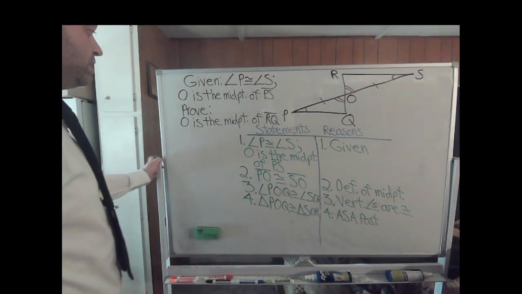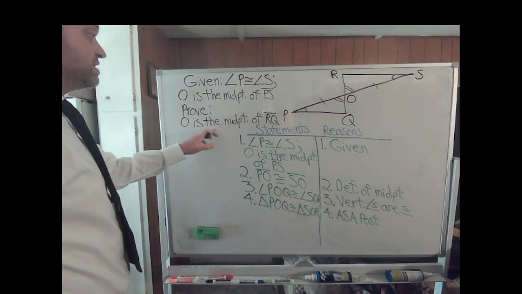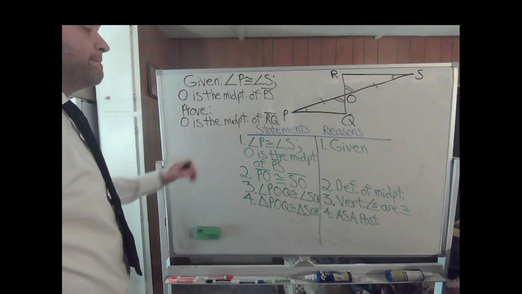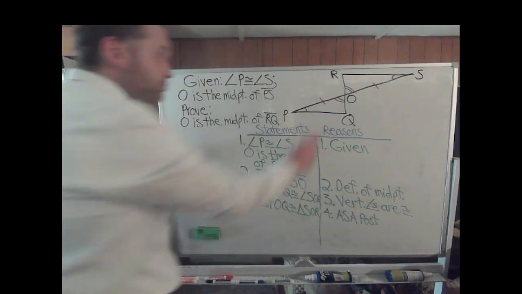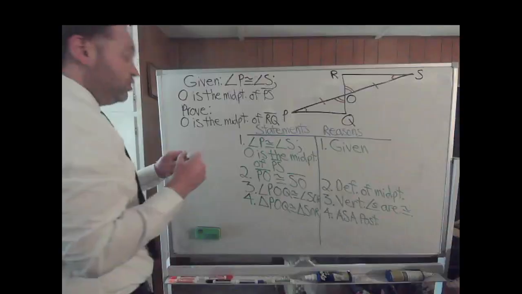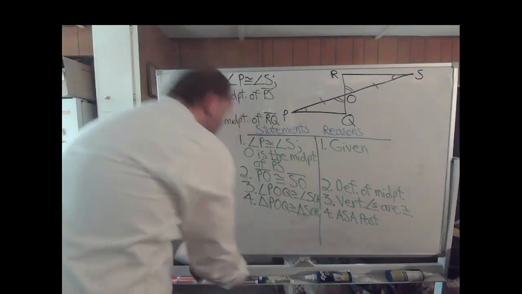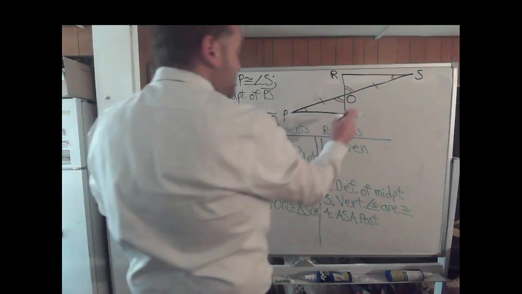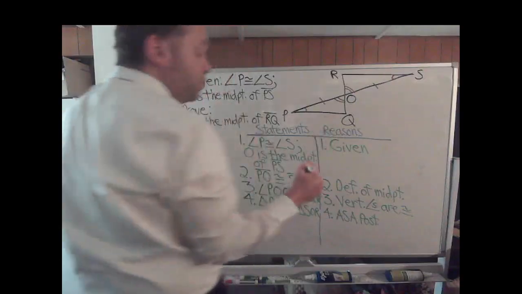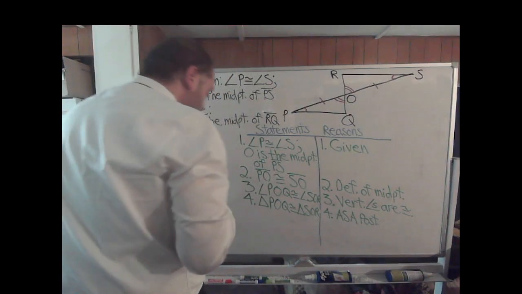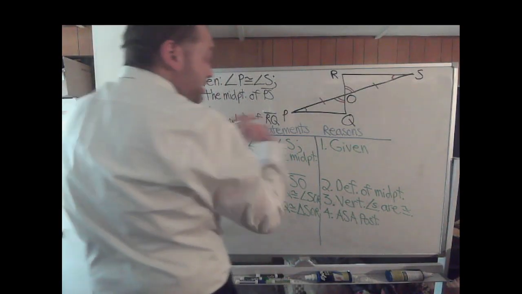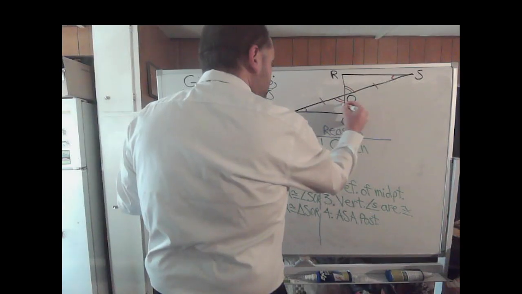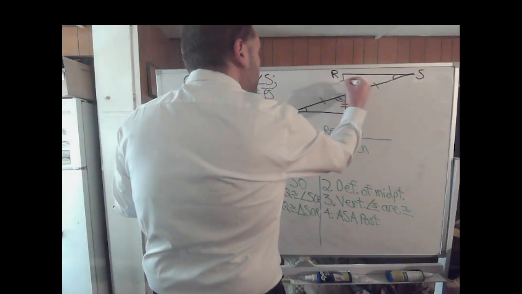Couldn't we argue, because ultimately we're trying to get to O as the midpoint of RQ, right? If we've now proven these two triangles are congruent, you notice that QO and RO are corresponding sides of each triangle, right? If we remember, corresponding parts of congruent triangles are congruent.